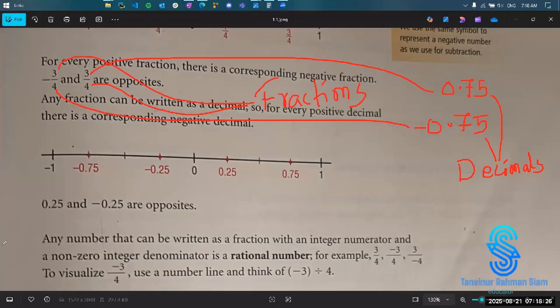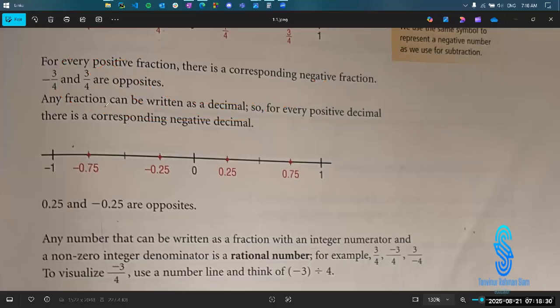So after that, they have said that any fraction can be written as a decimal. For every positive decimal, there is a corresponding negative decimal, just the way I have just said, that is negative 0.75, then positive 0.75, the corresponding negative to positive.